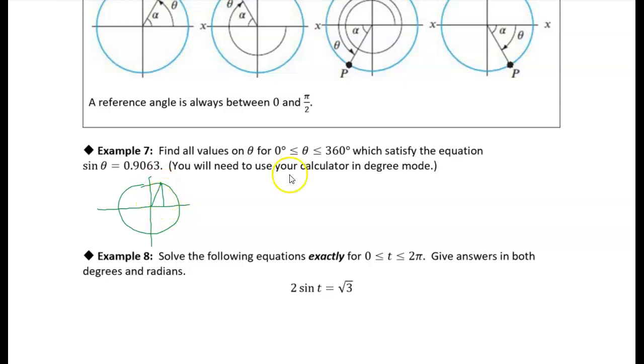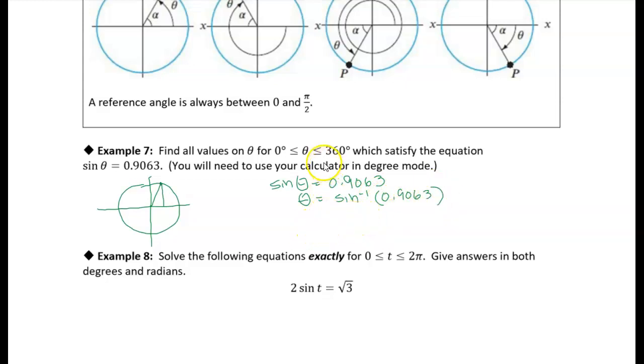Now, when I solve this equation, sine of theta is equal to 0.9063, I'm going to put this in my calculator and do the inverse sine. So theta is equal to the inverse sine of 0.9063.